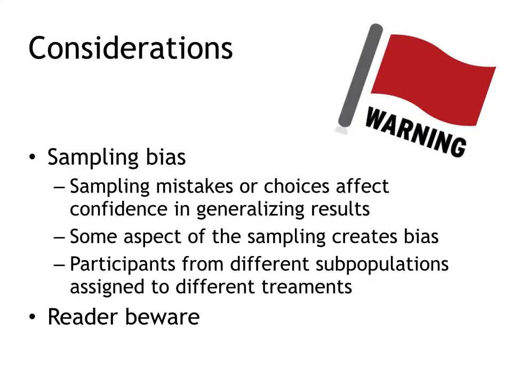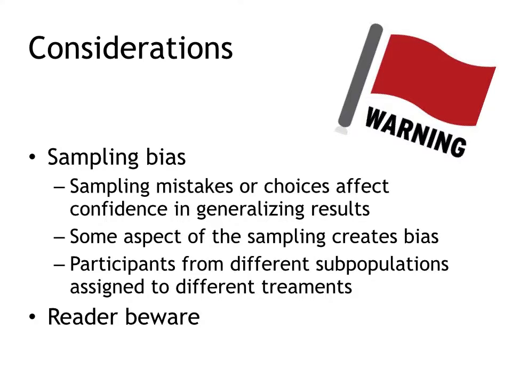Whenever you're looking at the sampling methods that were used, look for bias. Sampling mistakes and choices that the researcher makes really affect your confidence in generalizing those results. I mean, sometimes you can read an article and you go, well, that's all fine and dandy, but I don't see how that helps us know anything about the general population.